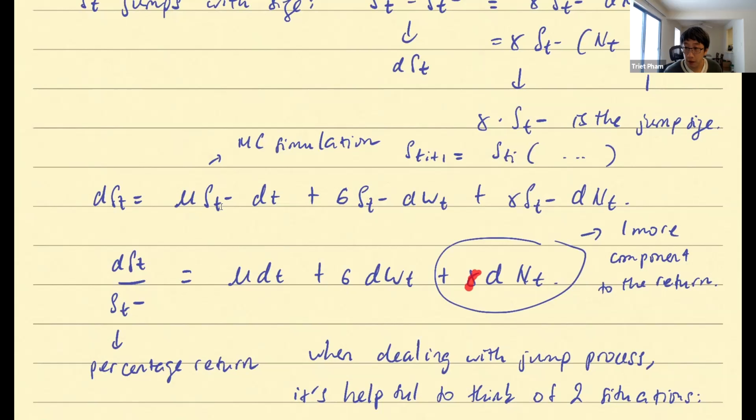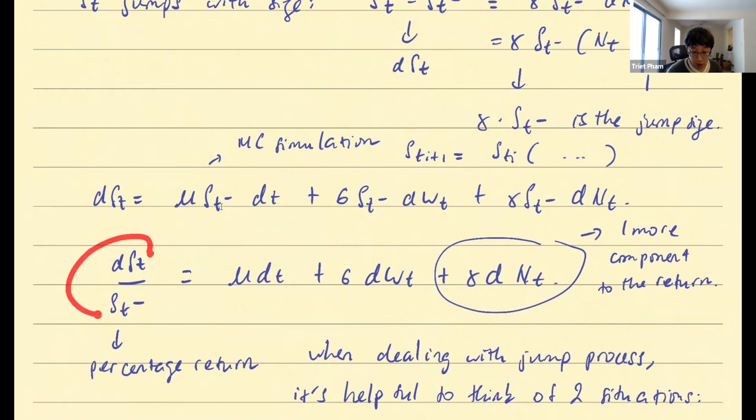If we don't have the gamma, then we say that whenever the jump happens, what is our return? If gamma equals 1, then what are we saying about the return? When the jump happens, when there's some shock to the market, what is our return? If gamma equals 1? 100%, right?